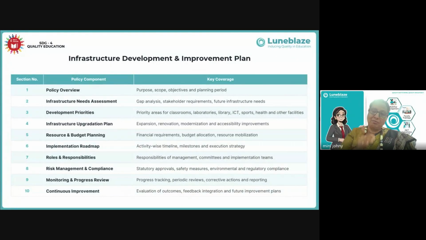Last one, we become continuously improving by evaluating the outcomes. Feedback, feed forward, integration, and future improvement plans. So this is the way our infrastructure development can be done with the improvement plan.